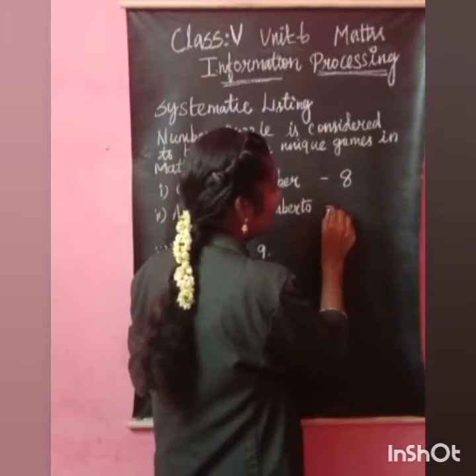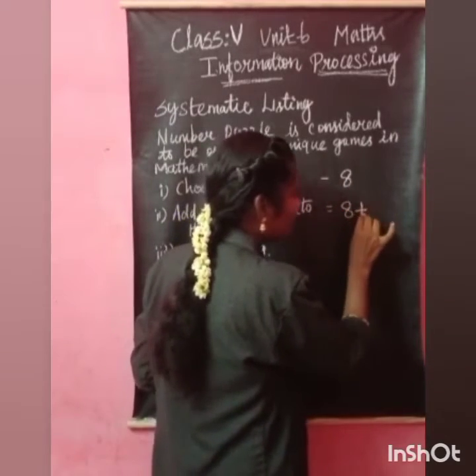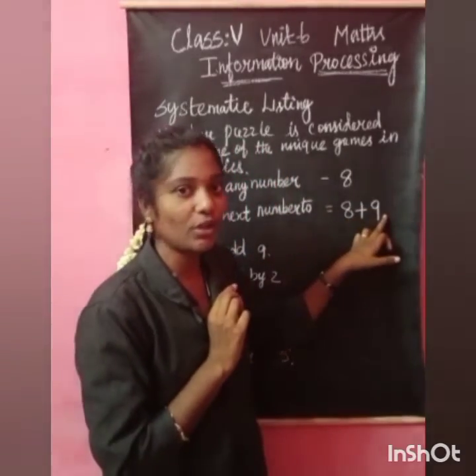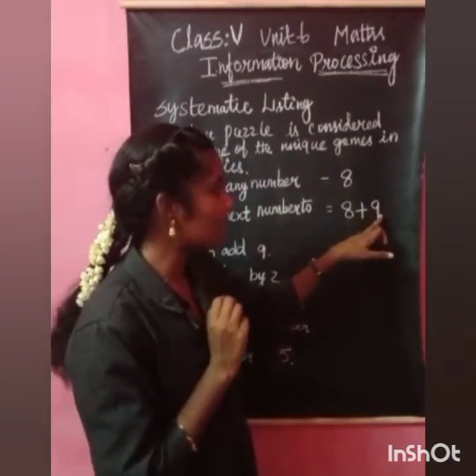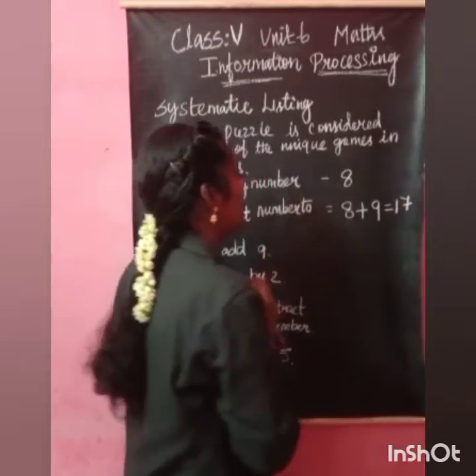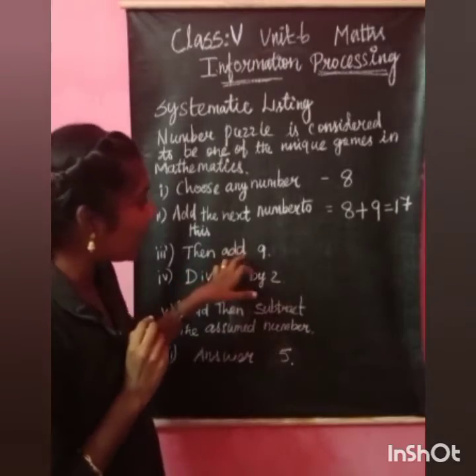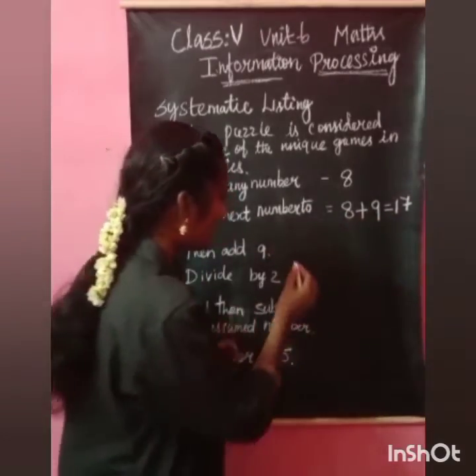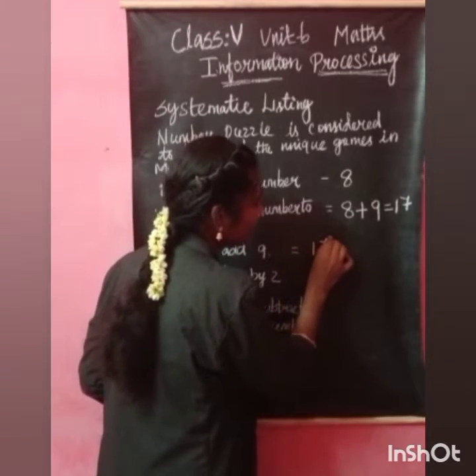So 8 plus 9 is what? 17. Next, add 9 again.